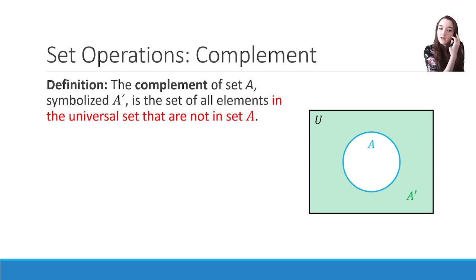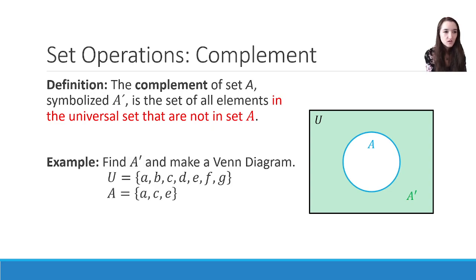So the complement of a set A, which we will symbolize as A with a little apostrophe up in the corner, is the set of all elements in the universal set that are not in set A. So this sort of takes A and what's called inverts it. It's everything not in A. So often we will even read the complement as just not A.